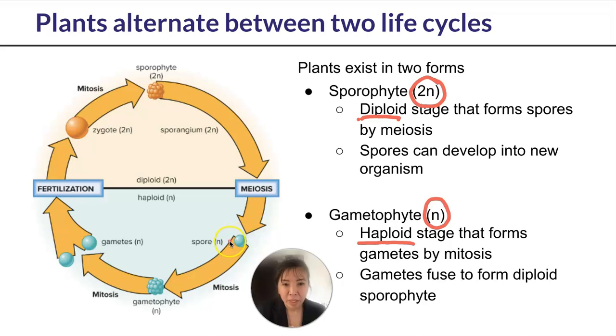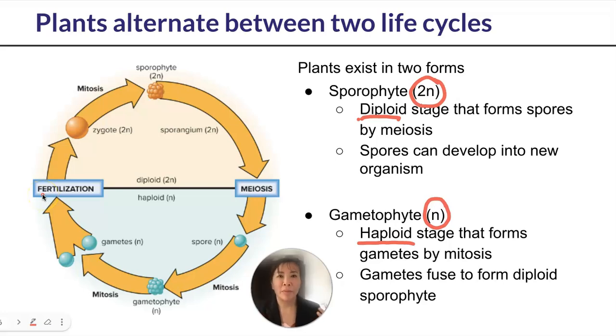So if we go right here with meiosis, meiosis will form the spore, and the spore again is haploid. The spore will grow through mitosis, so the cells are dividing and just getting bigger, right? So now we go from a single small cell into multiple cells, but at this point it's still haploid. The gametophyte will then form gametes, and these gametes can fertilize together.